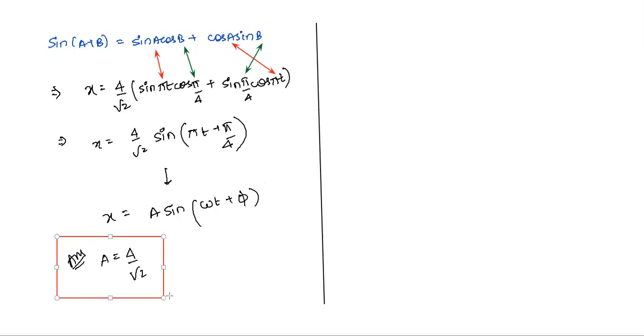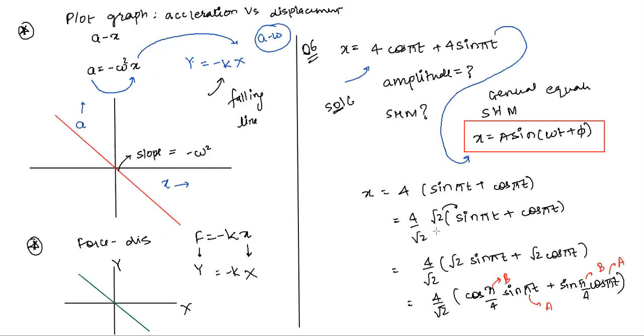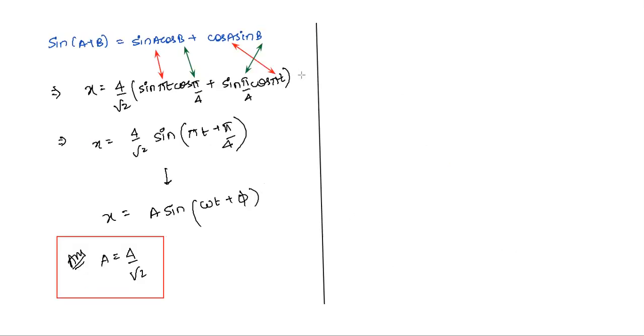Now let me come back and tell you why I took root 2 here. So class, in order to solve any such kind of question, here is the technique, here is the trick.